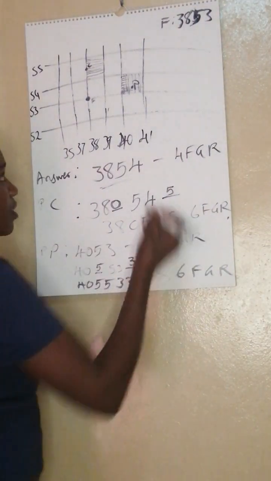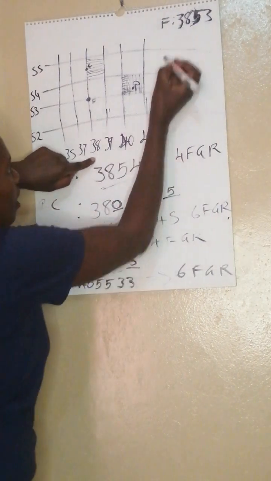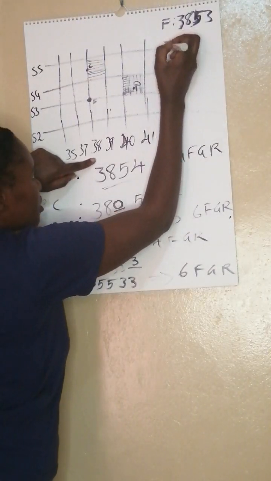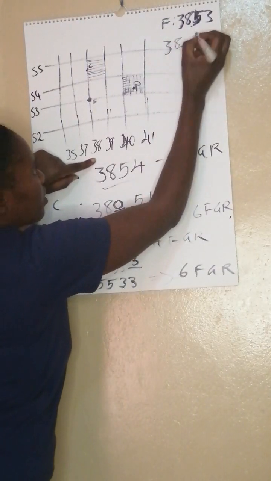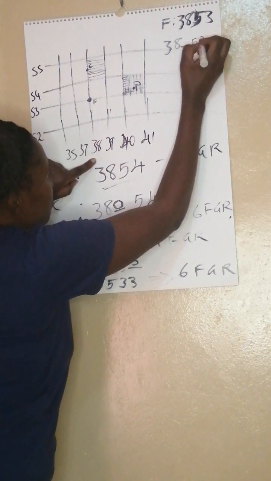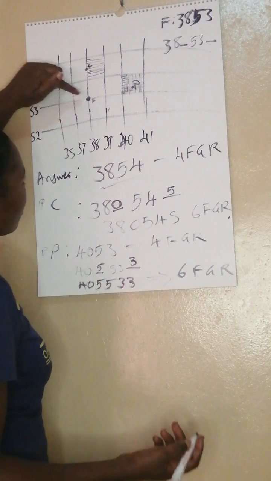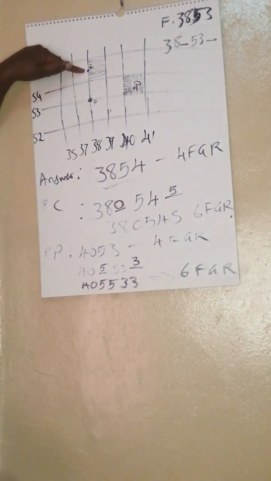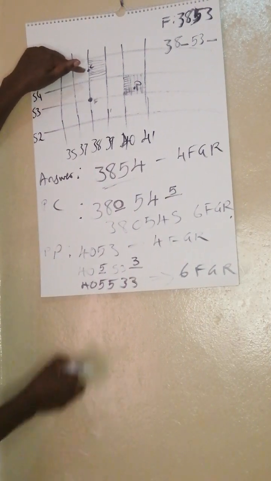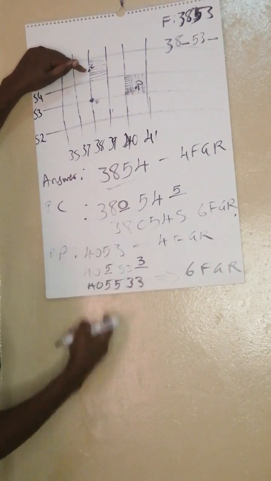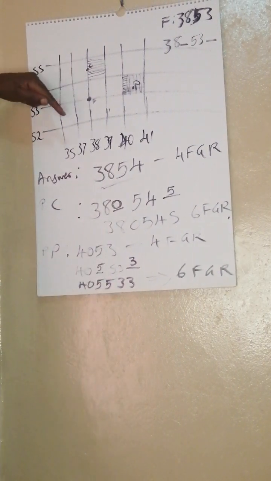Then for the 6-figure grid reference, I have 38, then 53. So what do you think? What are your answers? Like we did here, if you remember, we had a 0 here because the point was on the line.